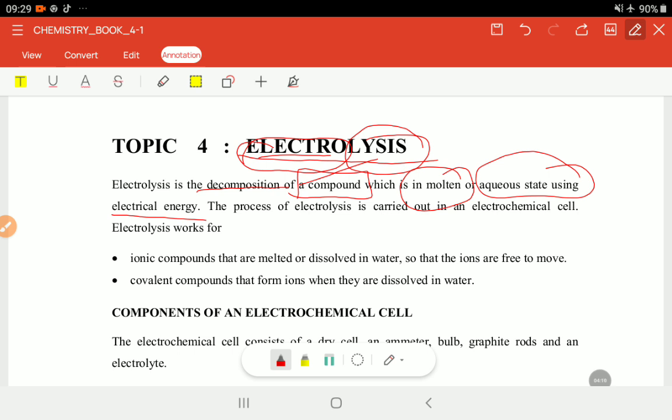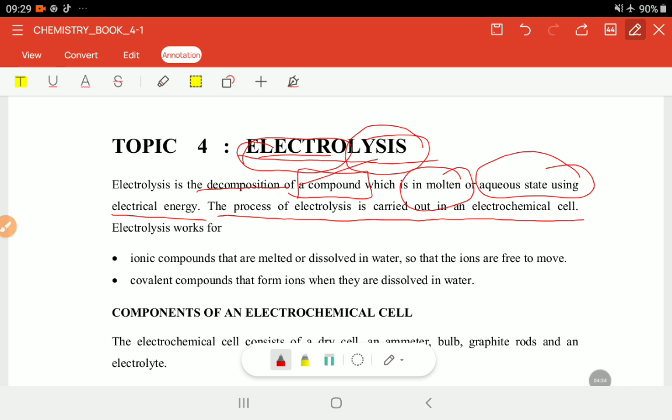The principle is the same one used in electrolysis. So the process of electrolysis is carried out in an electrochemical cell, and we will see later how it works.